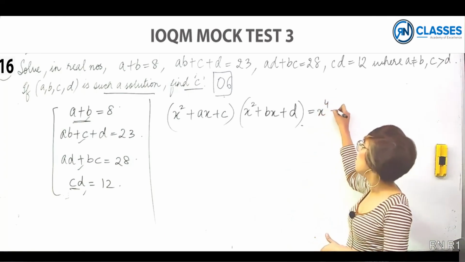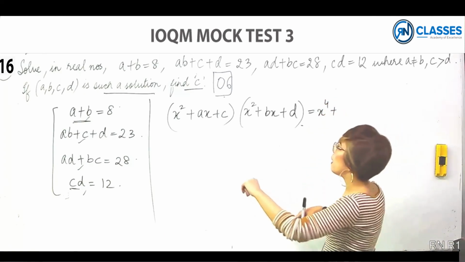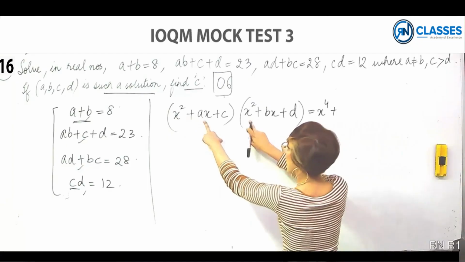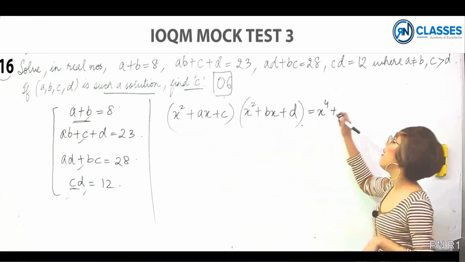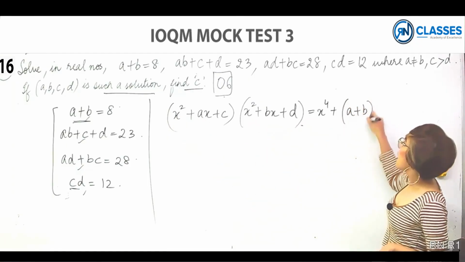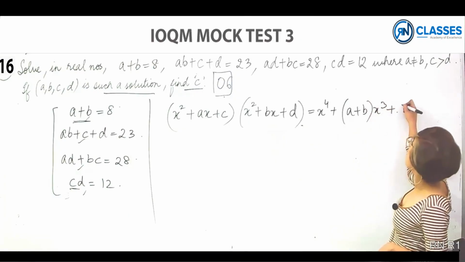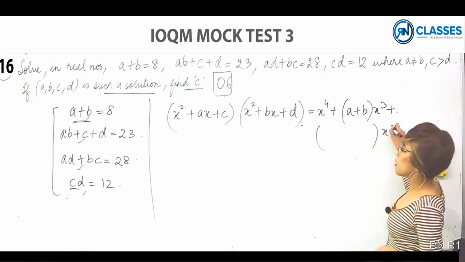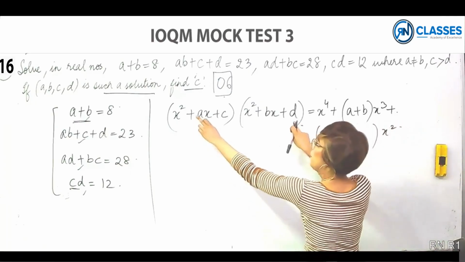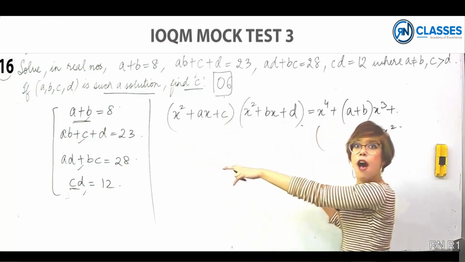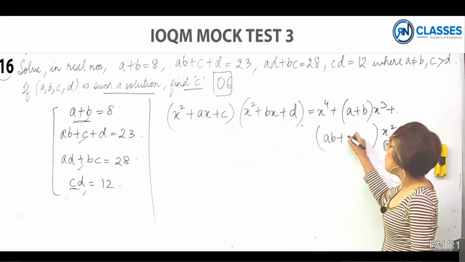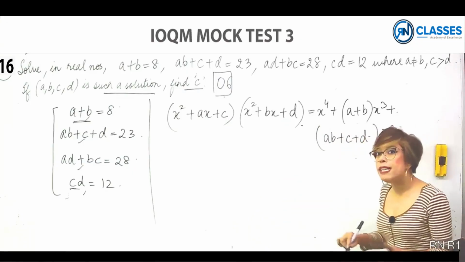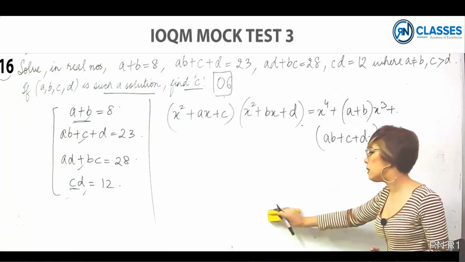So x raised to power 4 plus coefficient of x cube, that will be A plus B into x cube plus, now the coefficient of x square, that is AB plus C plus D. There might not be a coincidence here, so something is happening.